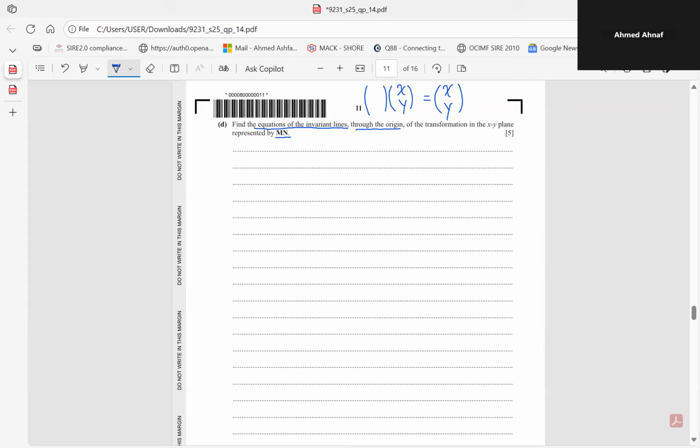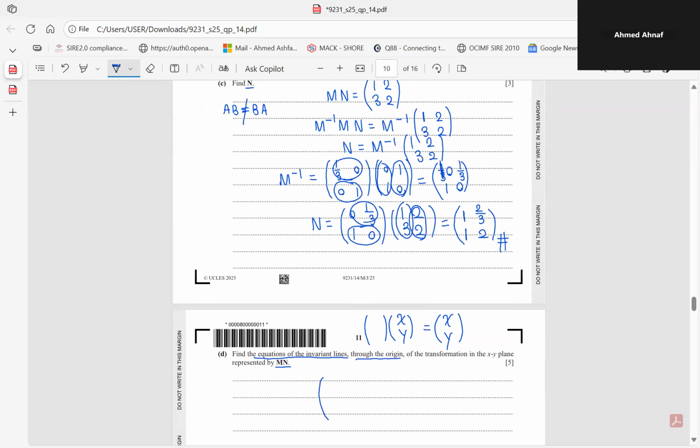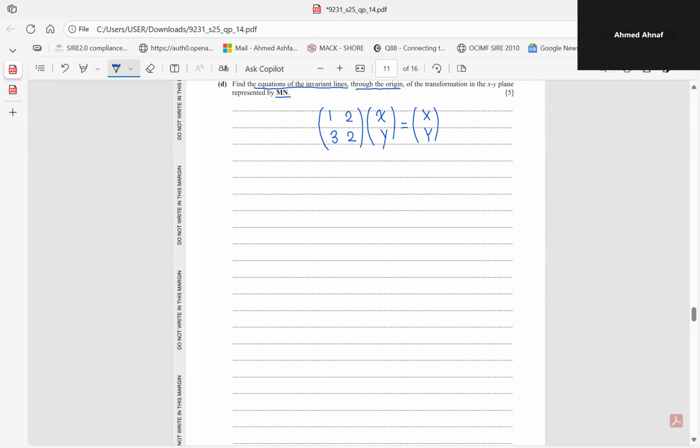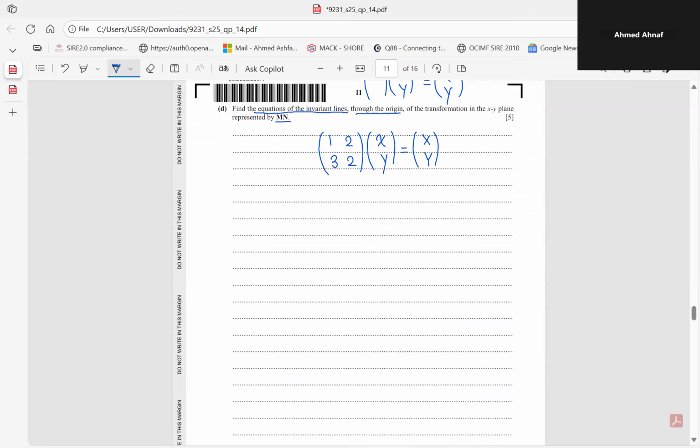So using the same concept, we're going to multiply Mn, which is 1, 2, 3, 2, with xy. And then the new coordinates will just be big X, big Y. By the way, these two are the same. Since they're passing through the origin, we can equate y equals mx and big Y equals m times big X.